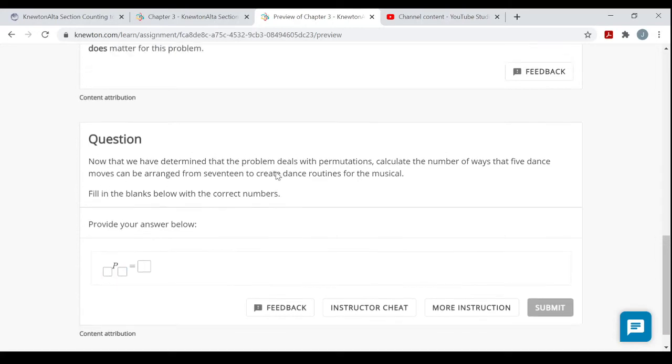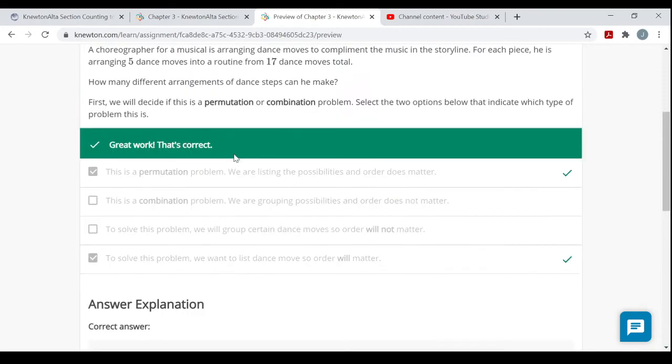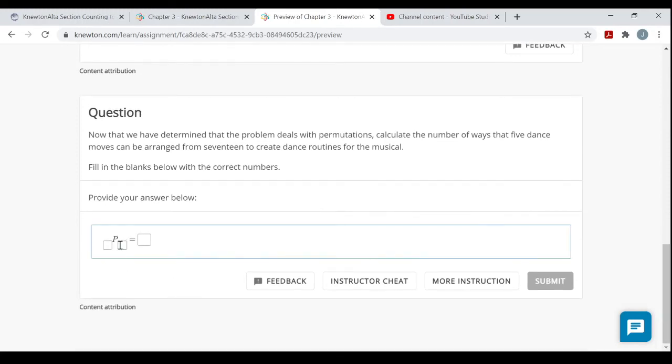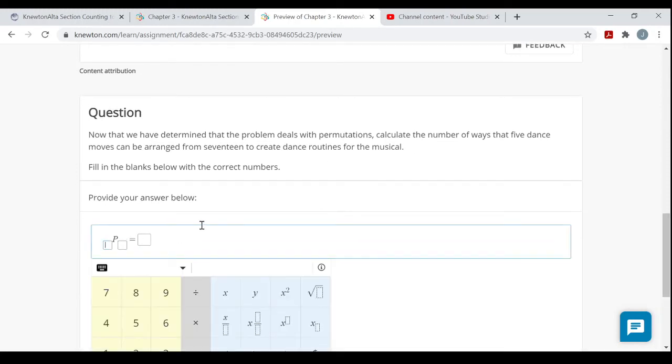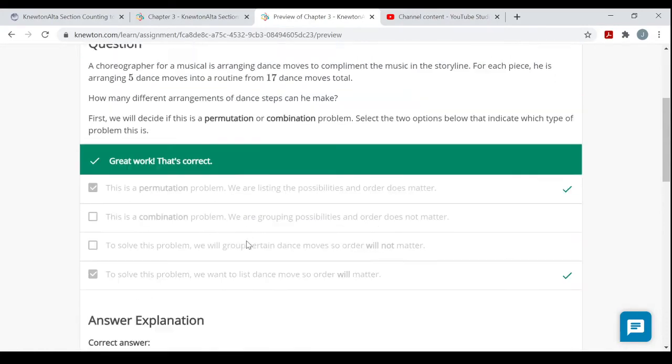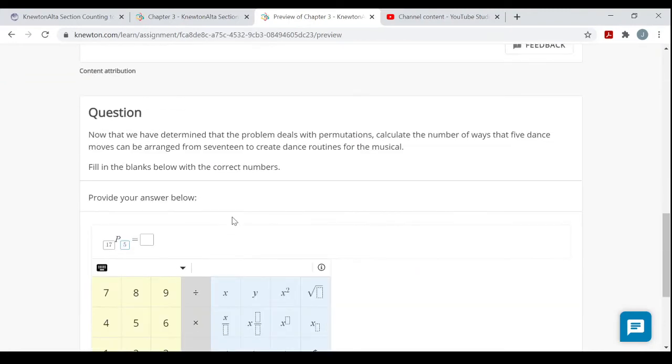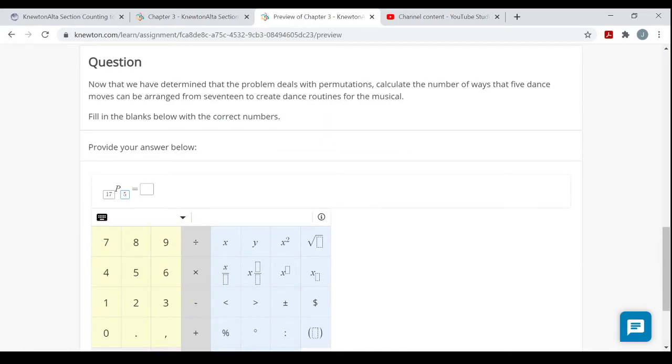Now that we have determined the problem deals with permutations, they told us how many ways he could put those 5 dance moves in the routine. Remember, there were 17 to choose from, and he's picking 5 of the moves, so 17P5. I could pull a calculator up if I wanted.